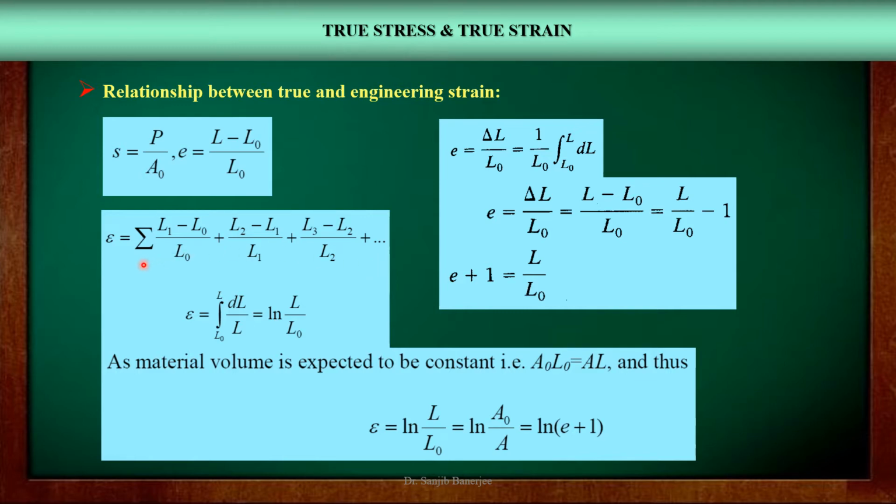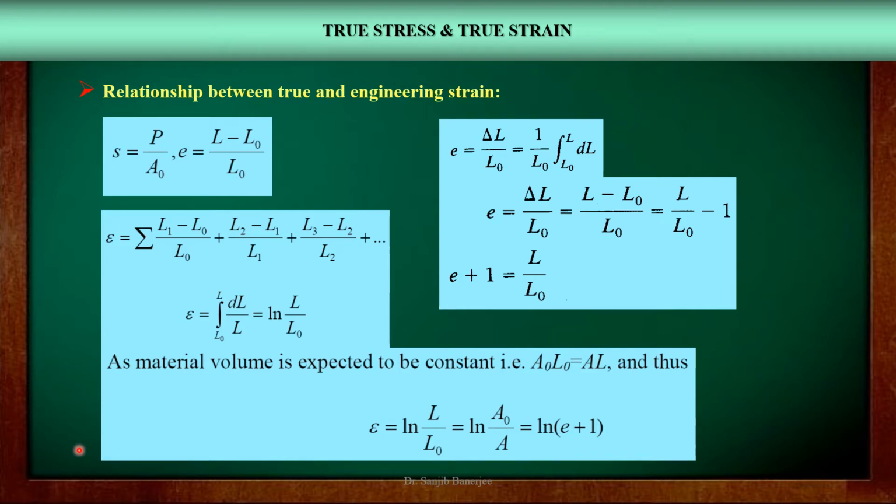So after summing up into small increments of lengths, it can be represented as the integration value of dL by L from L0 to L, where L0 is the initial length up to L, which is the actual or the instantaneous length. So this integration value is derived as log of L by L0.